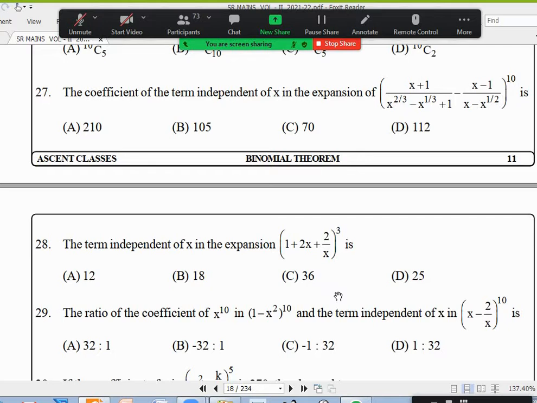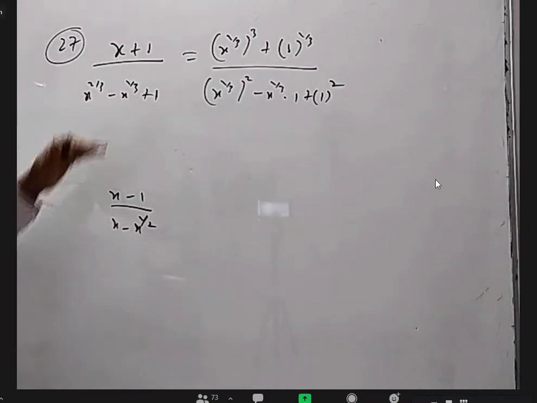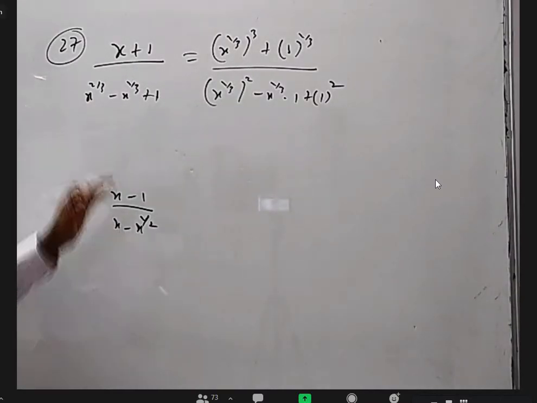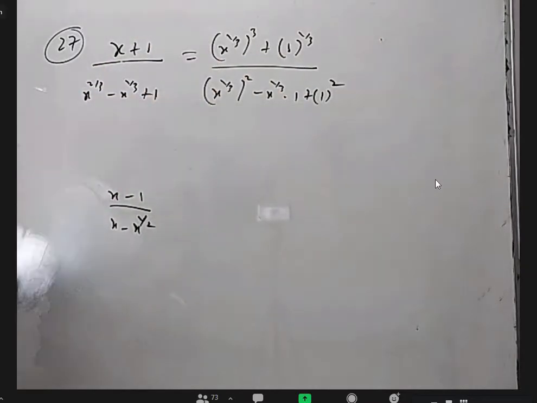Okay, if I take x plus 1 by x power 1 by 2, let me write one more thing: x minus 1 by x minus x power 1 by 2. These are the two things within the binomial. I'm simplifying. The numerator is like the a cube plus b cube formula. I wrote x power 1 by 3 whole cube.